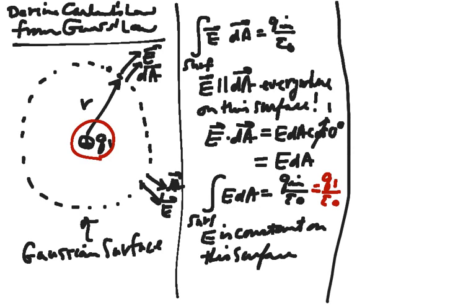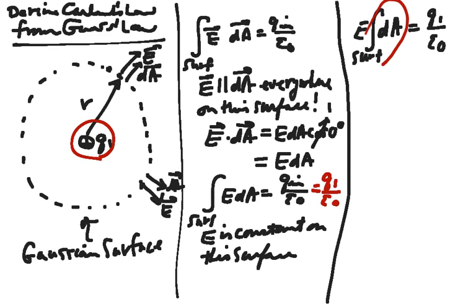Since it is constant, we can take it out of the integral, and we now have E times the integral of dA over this surface equal to Q1 over epsilon naught. But the integral of dA over the whole surface is the area of a sphere of radius r. So we now have E times 4 pi r squared equals Q1 over epsilon naught.